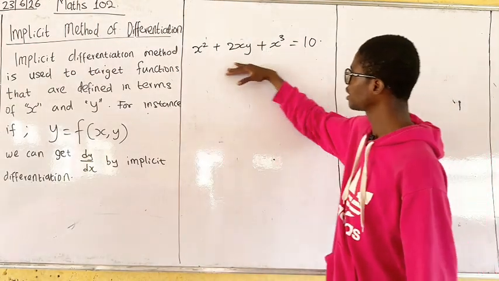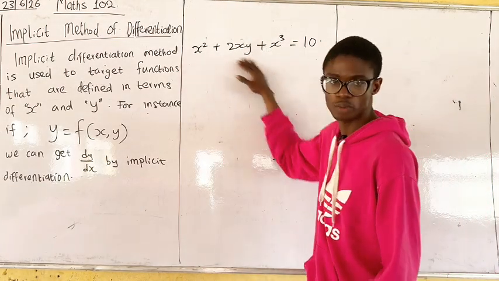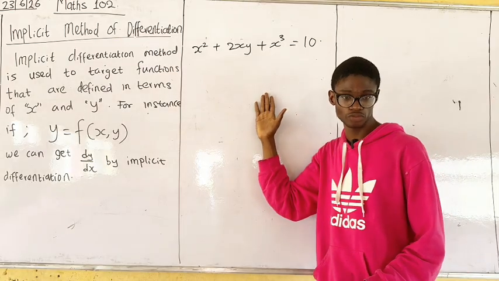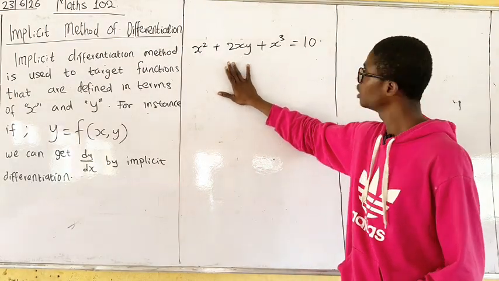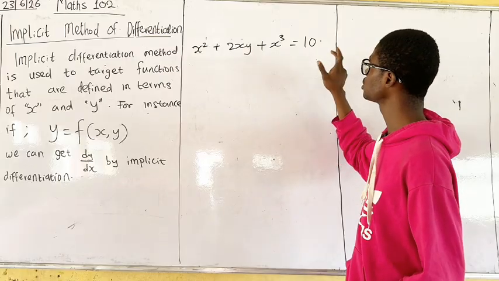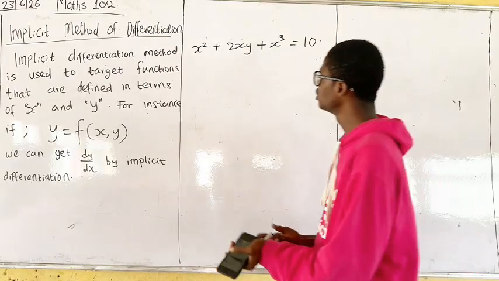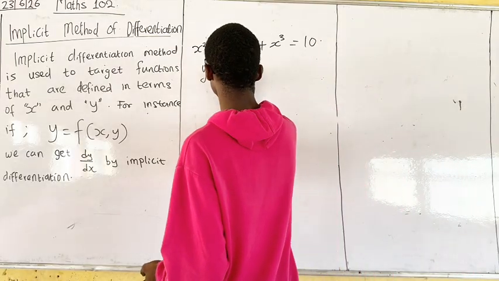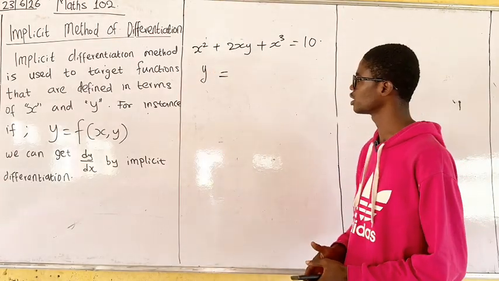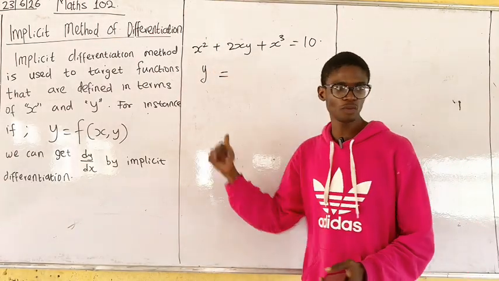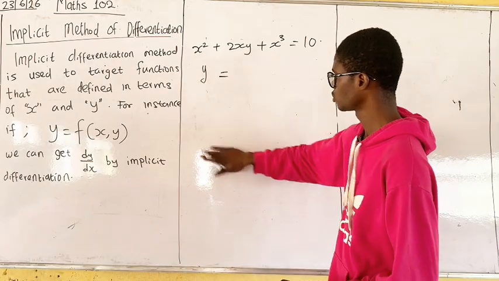Again, this looks like an implicit differentiation question. You can actually use implicit differentiation to solve this. But even if you don't, you still get y in terms of x. So what will y be in terms of x? You can pause and try it out, and we'll check your answer. So in terms of y, what are we supposed to have?